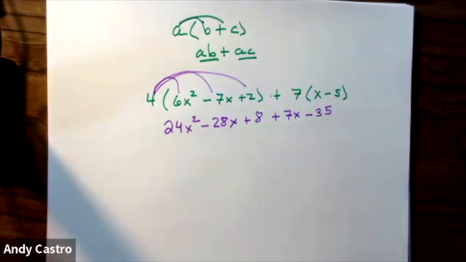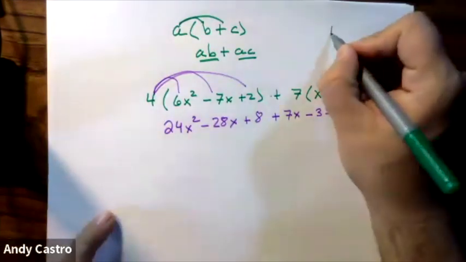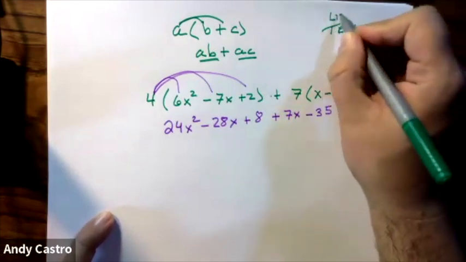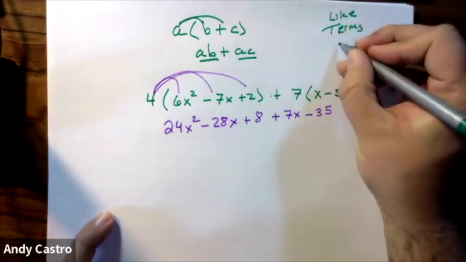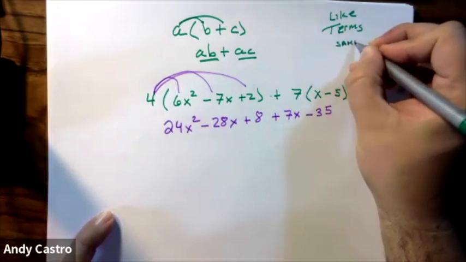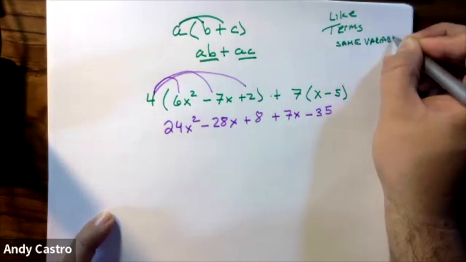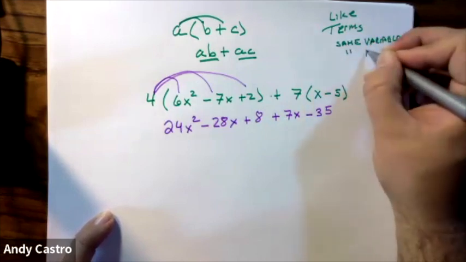Now I'm going to look for like terms. What are like terms? Like terms are things with the same variable, same exponent.